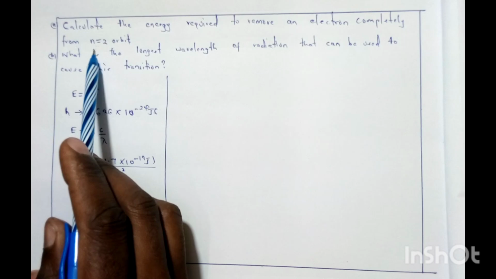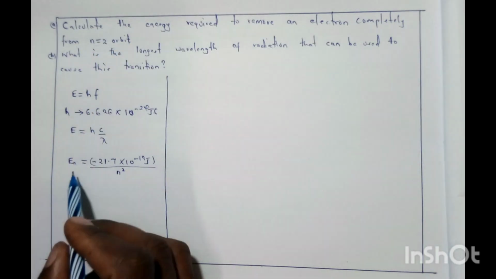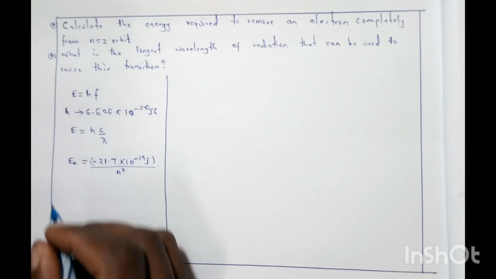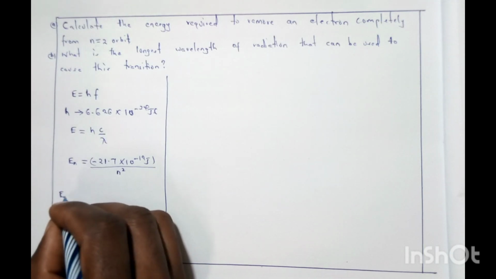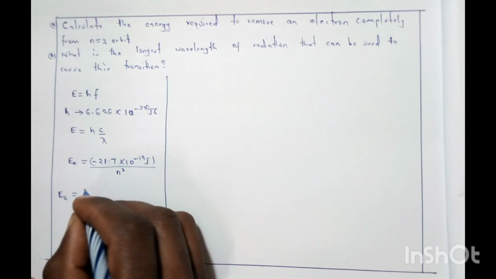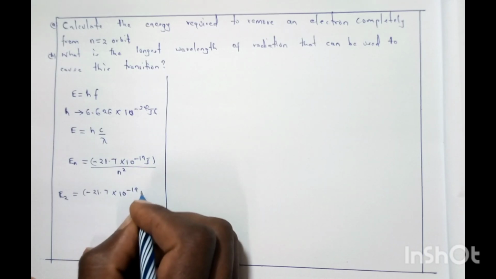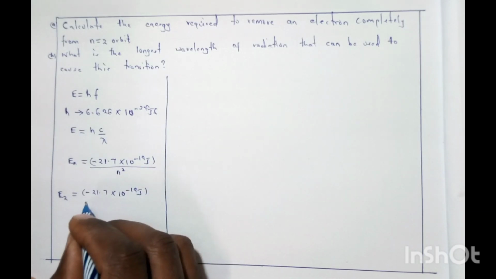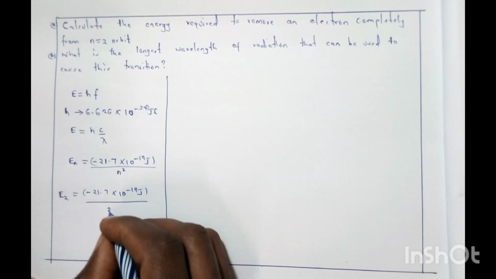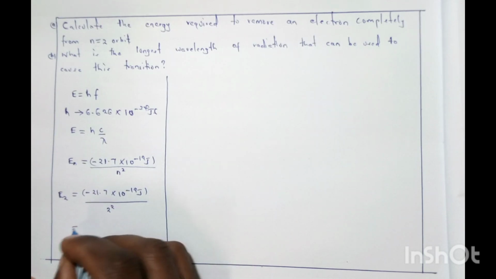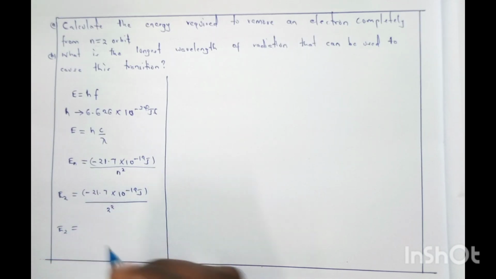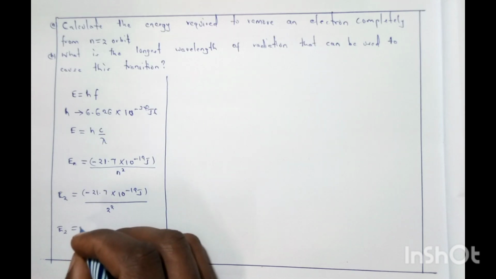we apply this formula whereby the value of n represents the second orbit, and therefore I do a substitution, which gives us 10 negative 19 joules over the value of n, which is 2, so we take the square of 2.